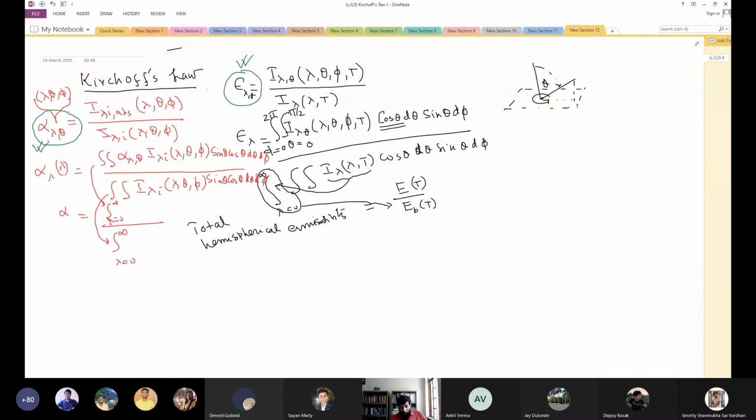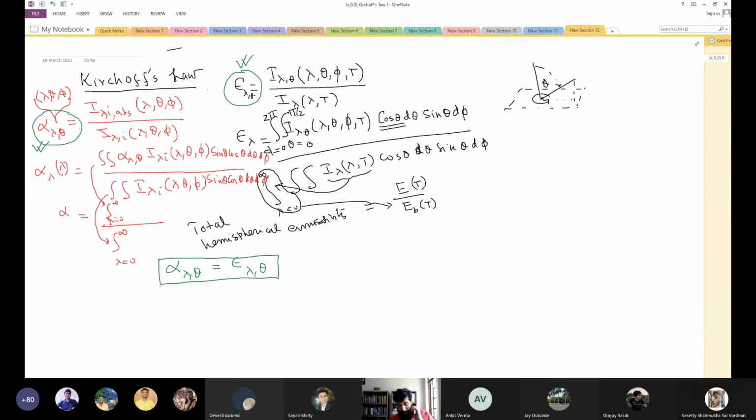And because both are properties of the surface, you can use detailed analysis, experiment, etc. to show that alpha lambda theta equals epsilon lambda theta. So this is what physics can prove.